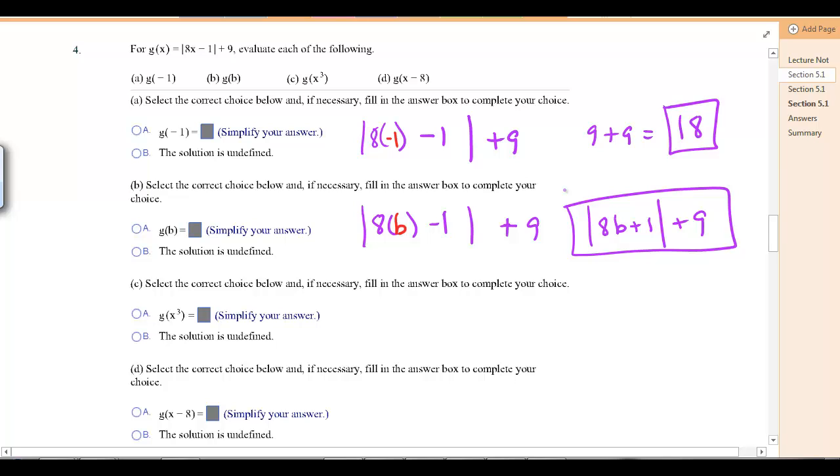All right, the next one has g of x cubed, so we're doing the very same thing, and I think you can see that you've got the absolute value of 8x cubed minus 1 plus 9.